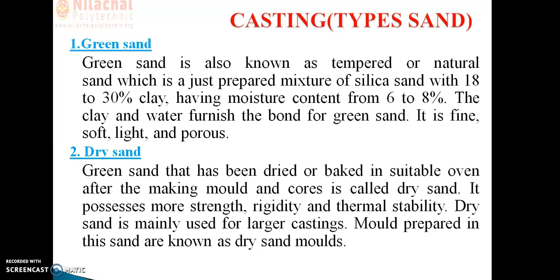It is quite obvious that because the moisture content is not there, it possesses more strength, rigidity and thermal stability. Dry sand is mainly used for large castings. Molds prepared in this sand are known as dry sand molds.